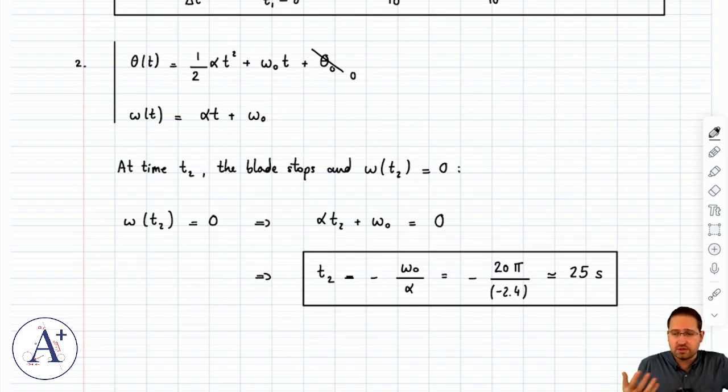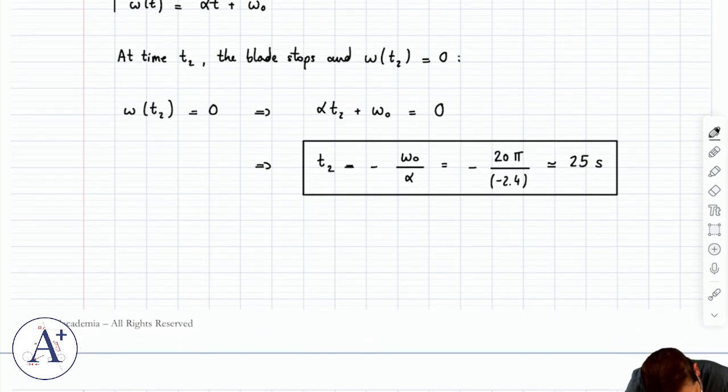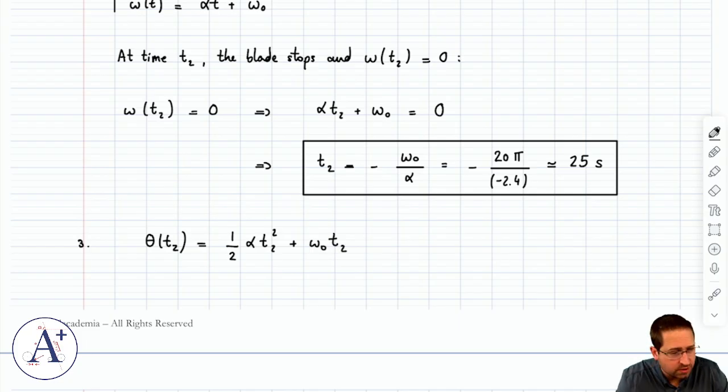Then if I want revolutions, I can just divide by 2 pi because one revolution is 2 pi radians. So I'm going to compute theta at time t2, which is 1/2 alpha t2 squared plus omega naught t2.